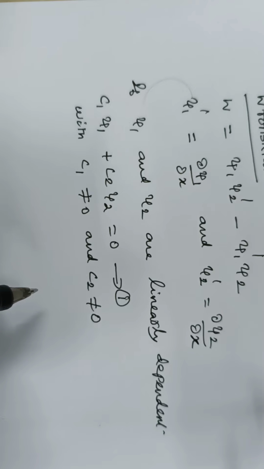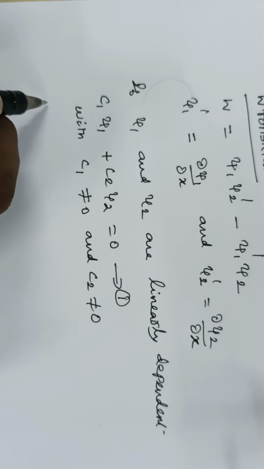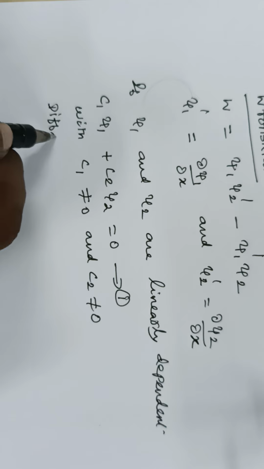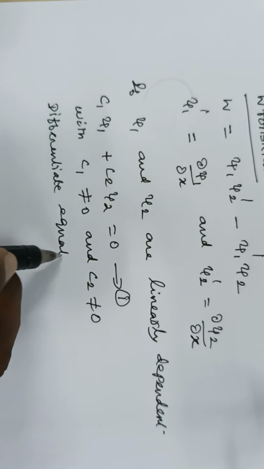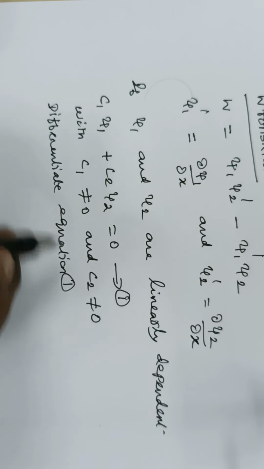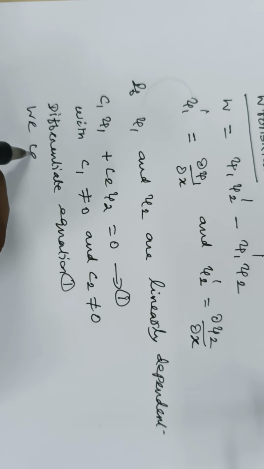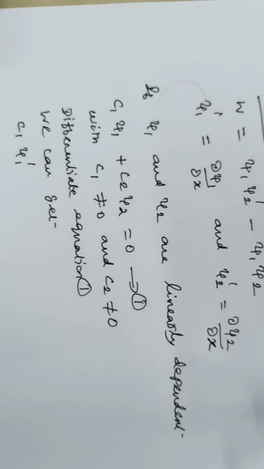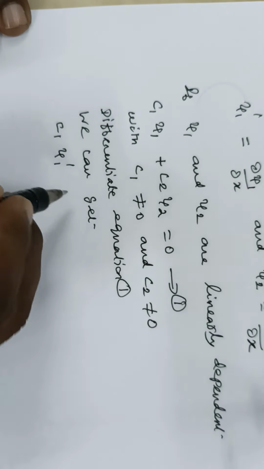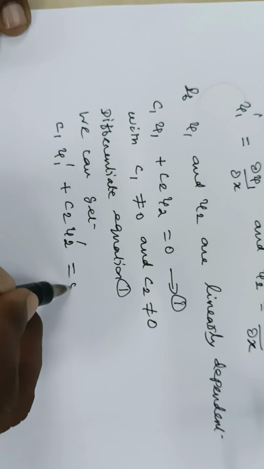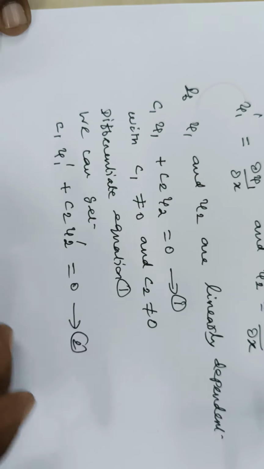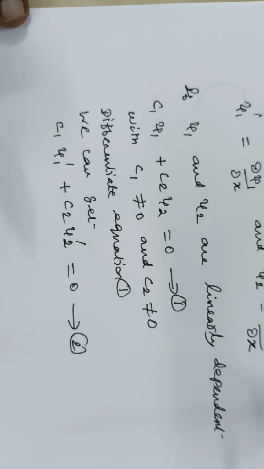Now differentiate equation 1. We can get C1 psi 1 dash plus C2 psi 2 dash is equal to 0. This is equation 2.